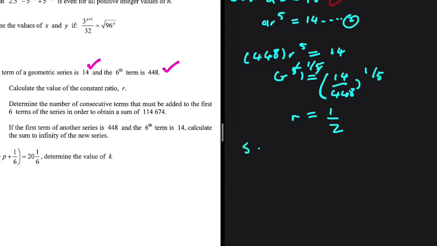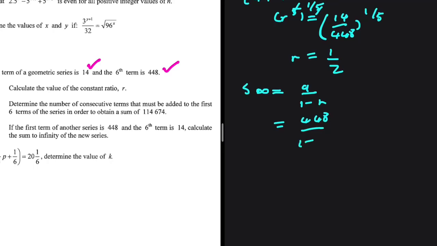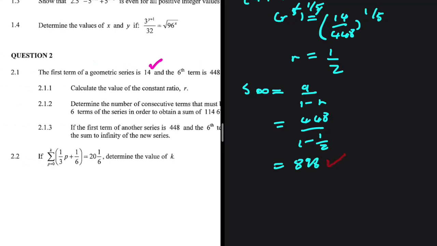So the sum to infinity will be equals to A divided by 1 minus r. A is 448, and then r is 1 divided by 2. This is equals to 896. And there we go. We have our sum to infinity.